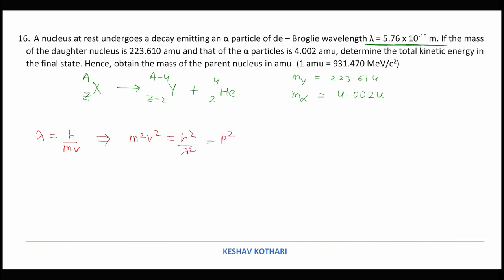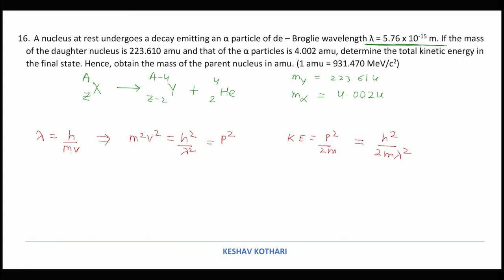So the kinetic energy which we are looking for is equal to p square by 2m, and hence if we put the value of p square as h square by lambda square, we get kinetic energy as h square upon 2m lambda square.